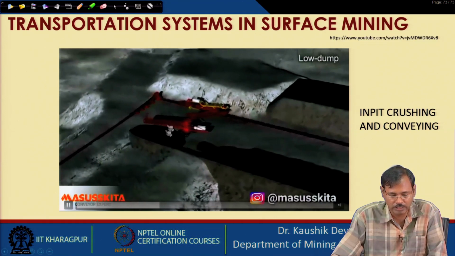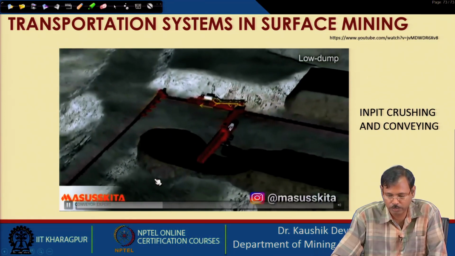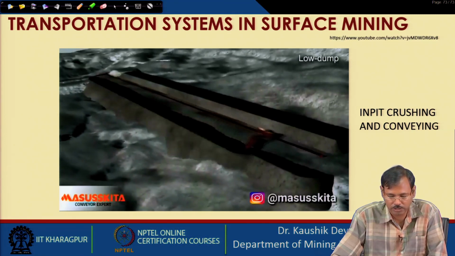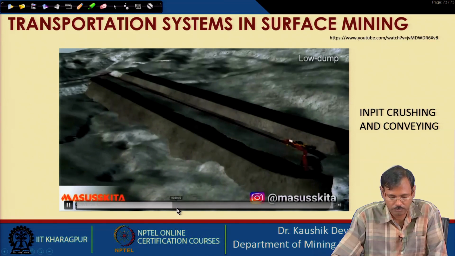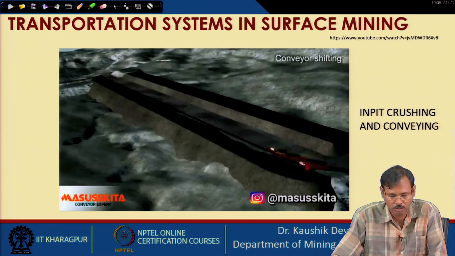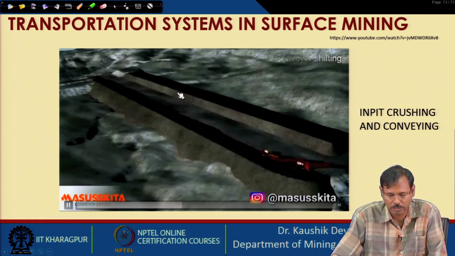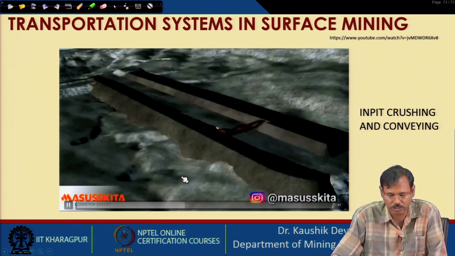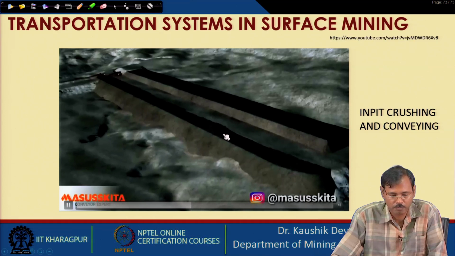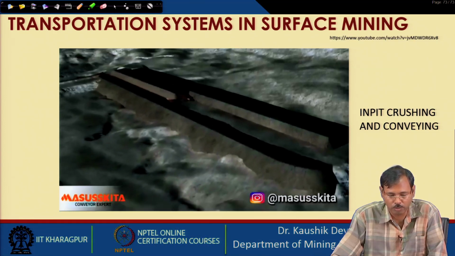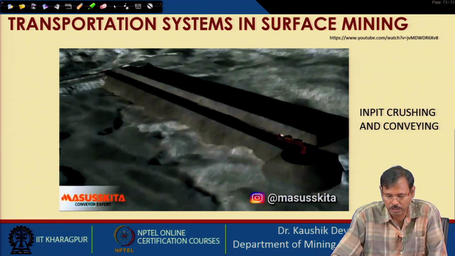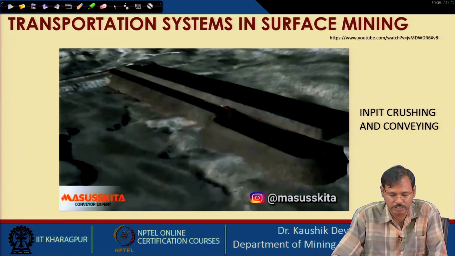This is the discharging system of the conveyor, where the spreader is used for constructing the dumps. After a particular dump formation, the conveyor can be shifted once in a while. So, this is the shiftable conveyor. Now, the second row of dump can be made. Then again the bench floor is extended.